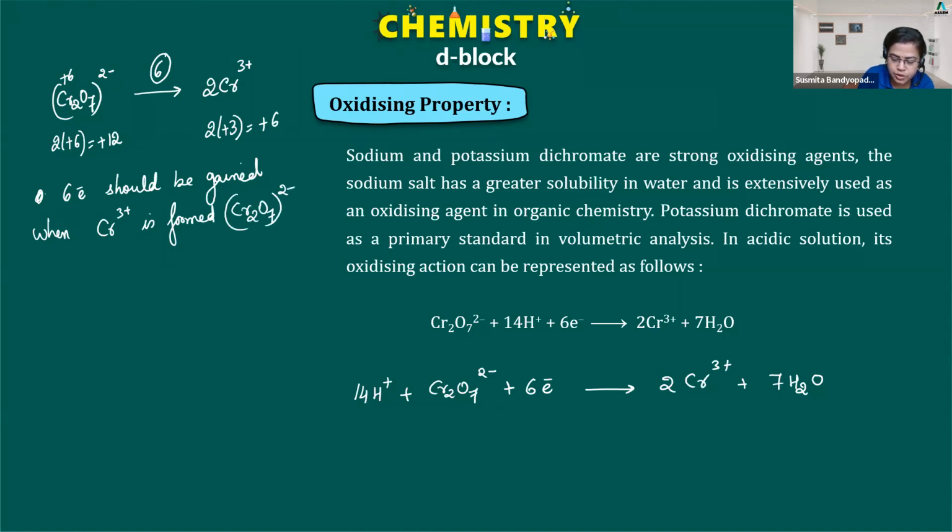You have to put here 2, then only it's balanced. So now for balancing oxygen, 7 water needs to be put here, and to balance the hydrogens because it's acidic medium, 14 H plus here. This is the equation and this is the reason for this.